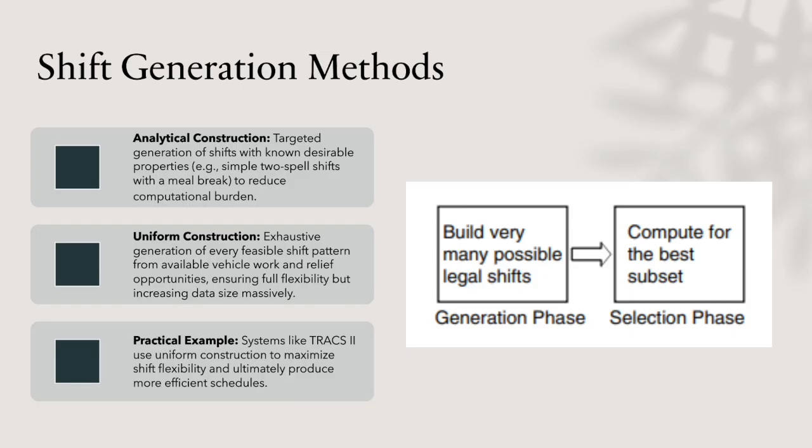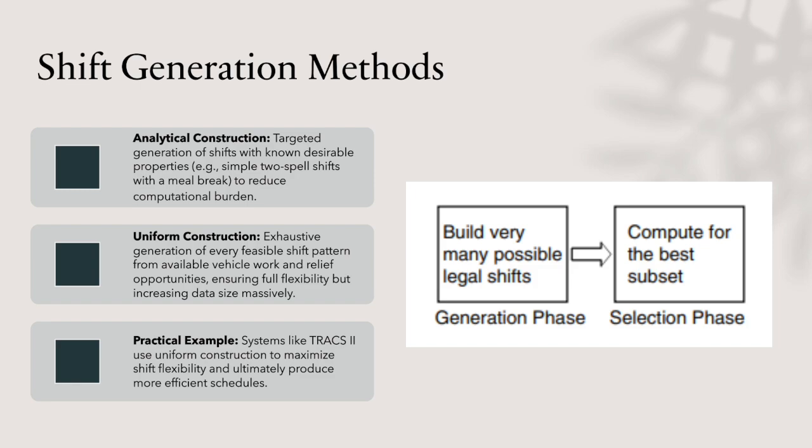Next, we hop onto shift generation methods. In analytical construction, we intentionally limit ourselves to shift types we know work well, sacrificing some flexibility but keeping computations manageable. In contrast, uniform construction generates every legal shift, capturing more possibilities but ballooning the problem size.